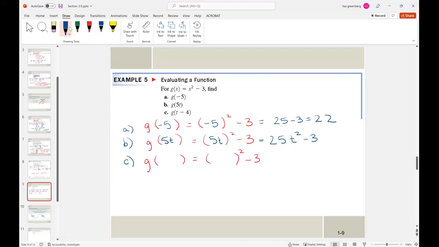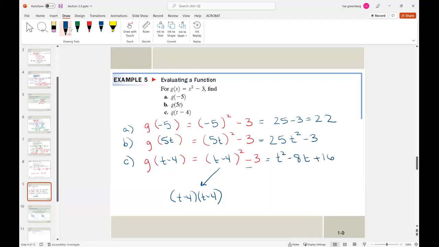And now we plug in t minus 4. So now we have t minus 4 squared minus 3. This is really the same as t minus 4 times t minus 4, which is going to equal t squared minus 8t plus 16.